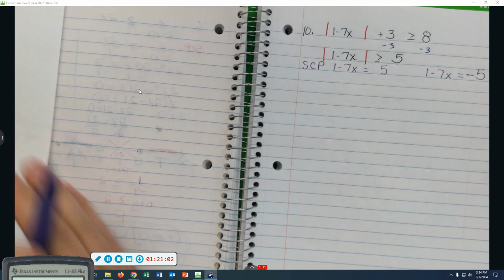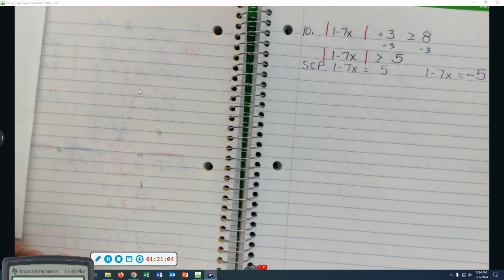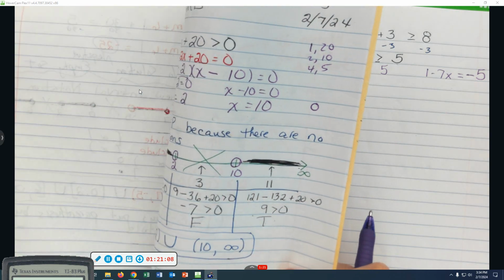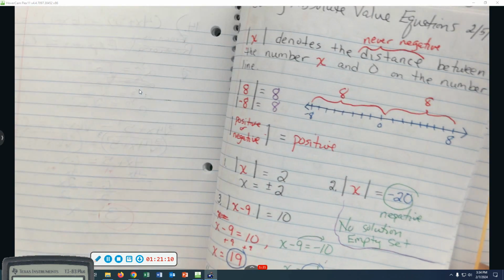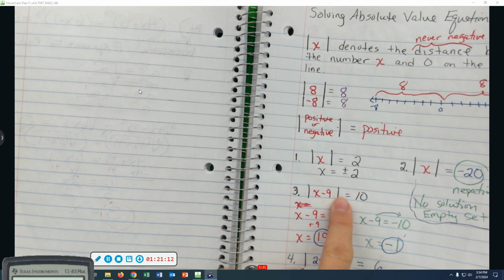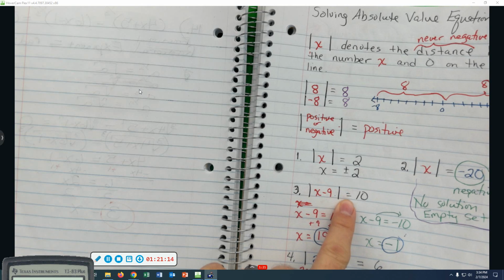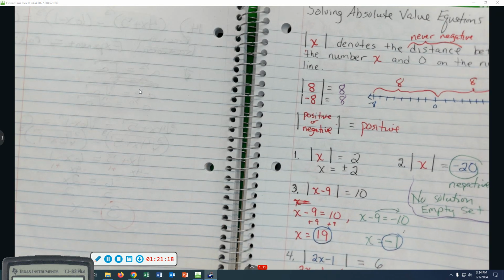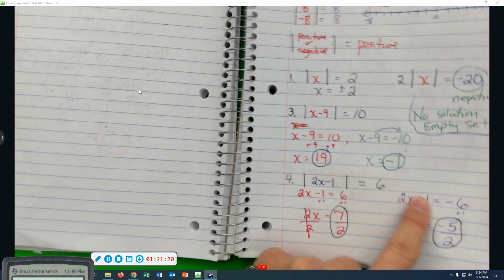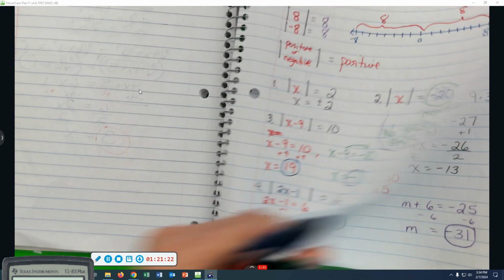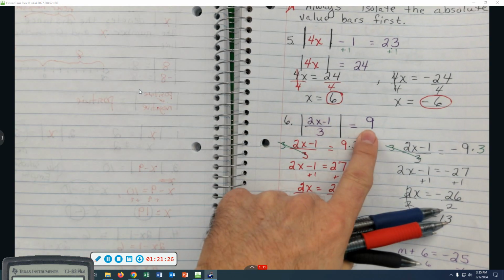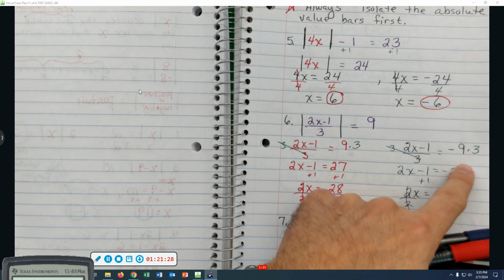Remember to solve absolute value equations, if you missed that class on Monday, you have to say equal positive, equal negative. Like here on number 4, you'd say equals 6, equals negative 6. Okay. Even if there's a fraction here, equals 9, equals negative 9.